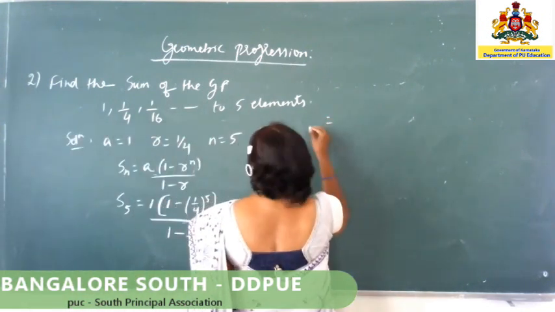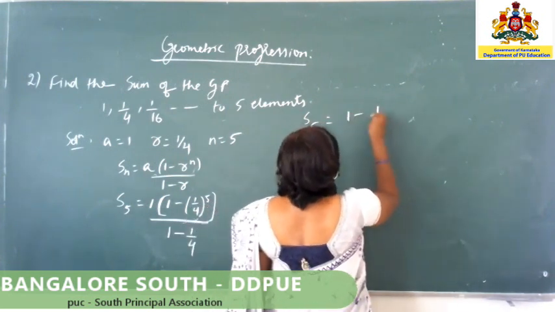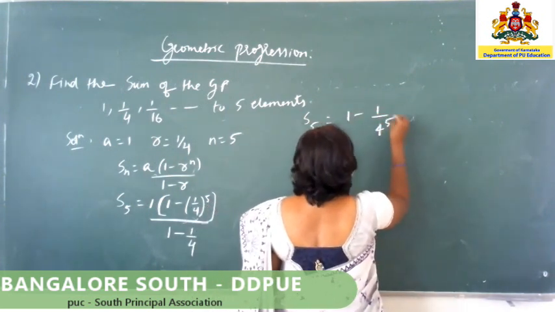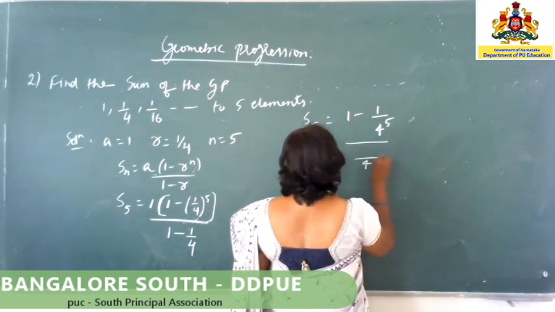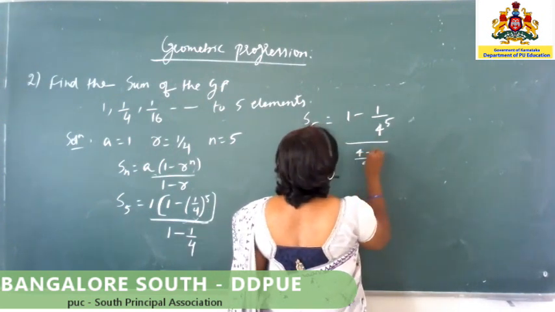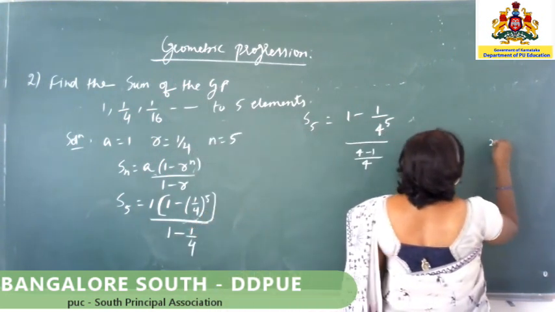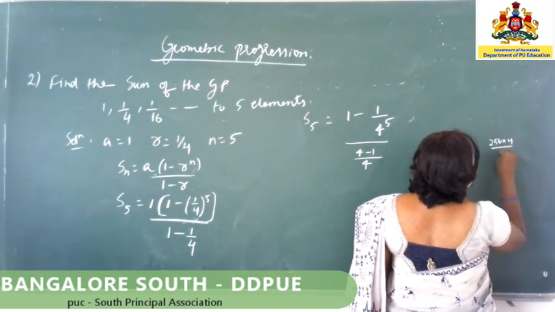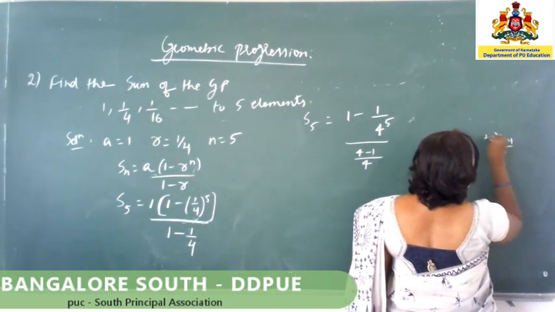So that is equal to 1 minus 1 by 4 to the power of 5 divided by, you can take LCM, 4 minus 1. So 4 to the power of 5, 256 into 4 is 1024.